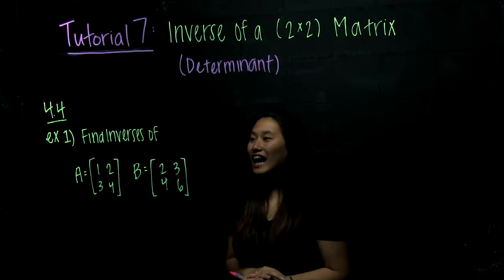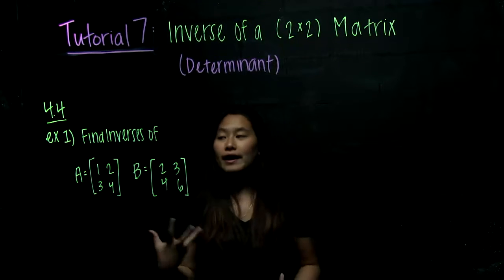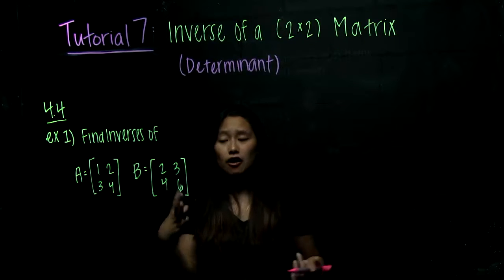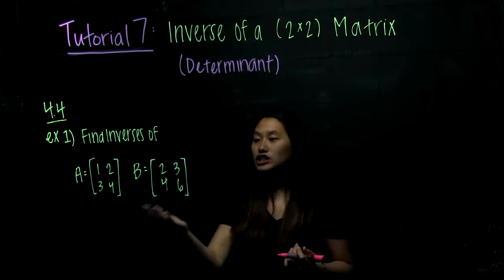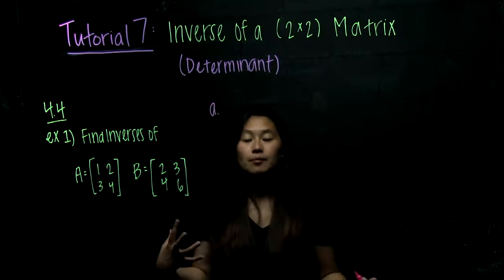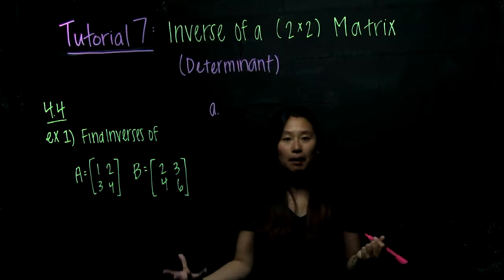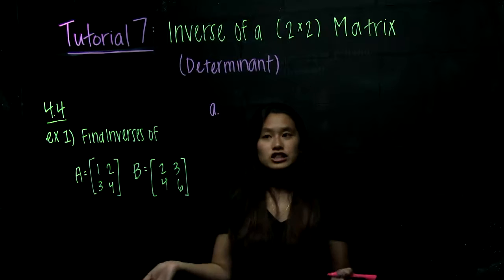So here you can see that I've written from section 4.4 of your textbook, example 1, where it asks us to find the inverses of matrix A and matrix B. So first I'll go through matrix A. Now the first step when solving the inverse of a 2 by 2 with the determinant is to find the determinant of your matrix.